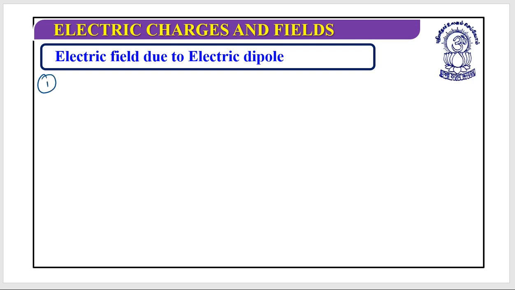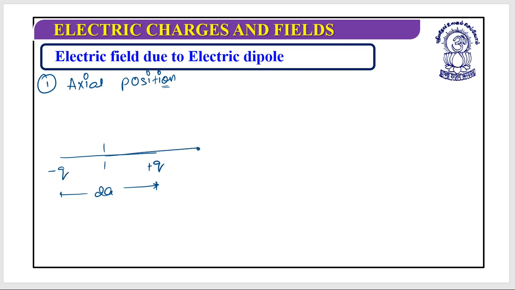First we will go with the axial position. The situation would be: this is minus q, this is plus q, their separation is 2a, it's a midpoint, this is point p, and this is distance r.